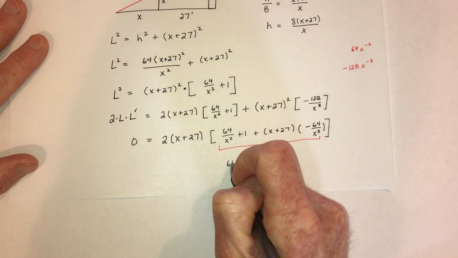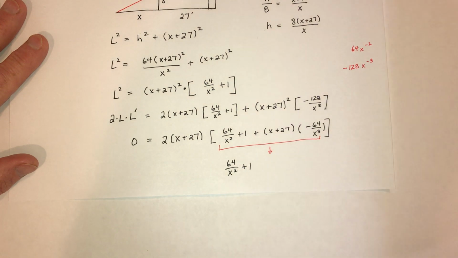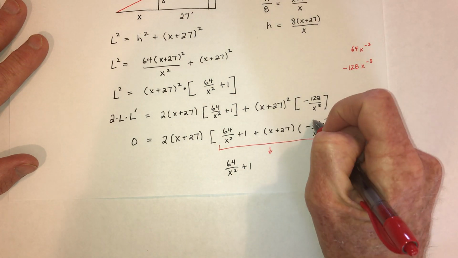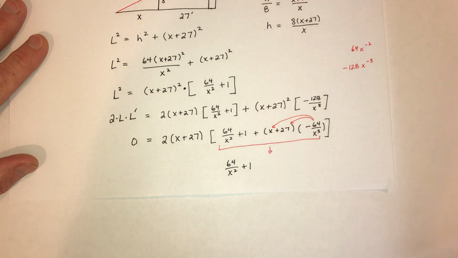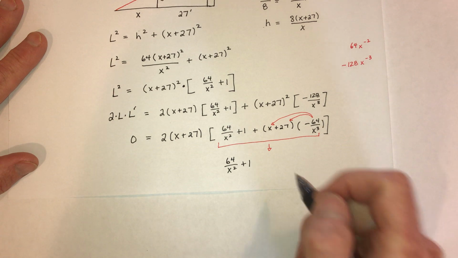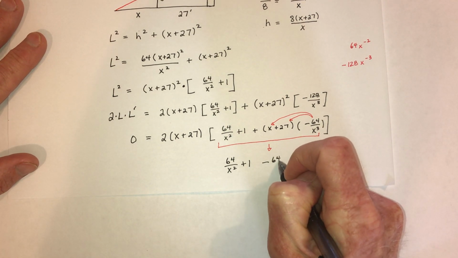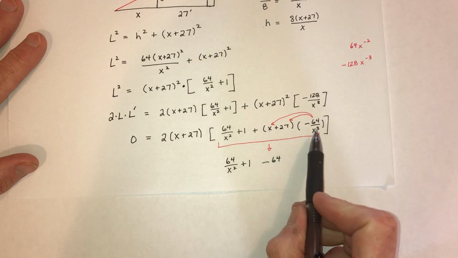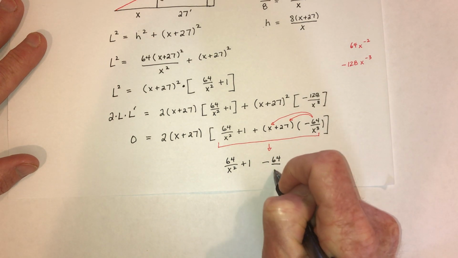So there's a 64 over x squared plus 1. And then I should go ahead and distribute this. So that would leave negative 64. And when you multiply this and this, one of these x's is going to get canceled. So now it's over x squared.